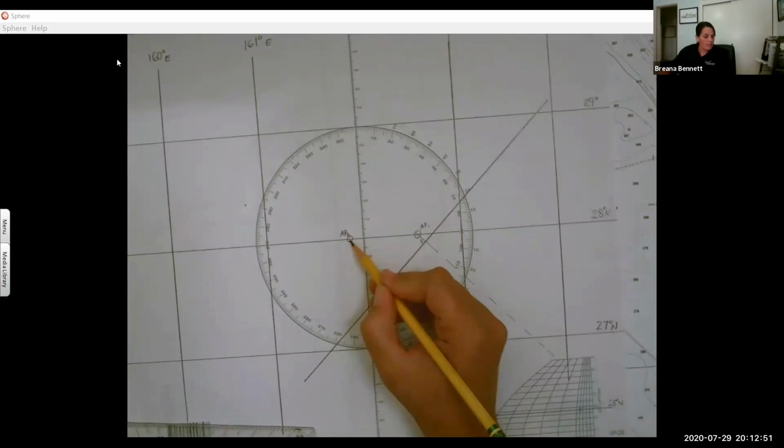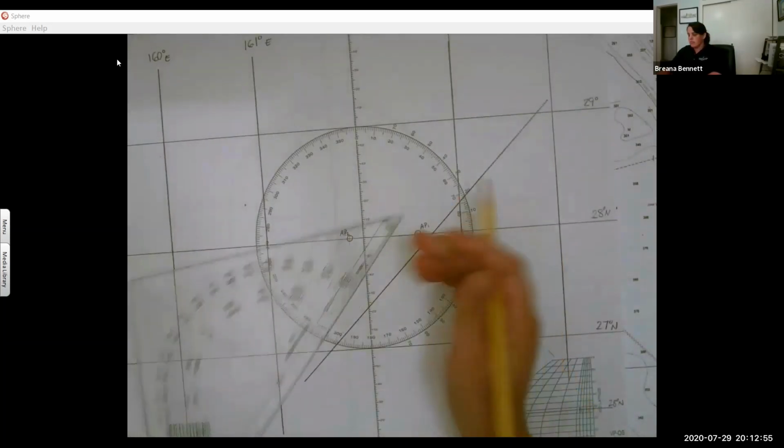My next step is to plot the ZN. I have a ZN of 075.